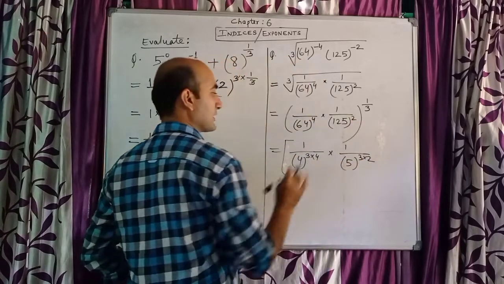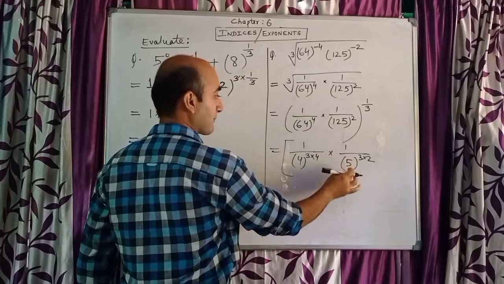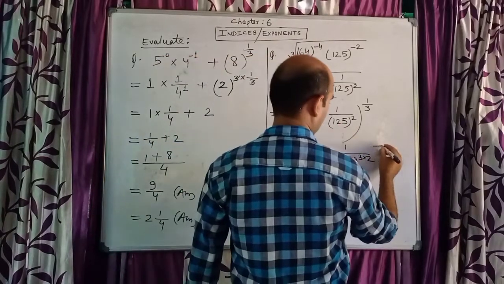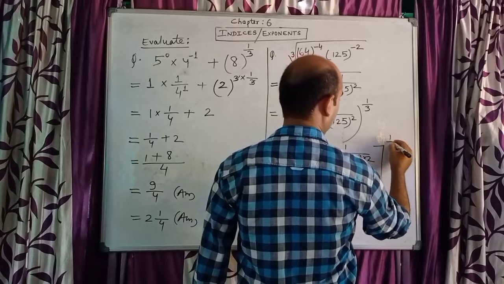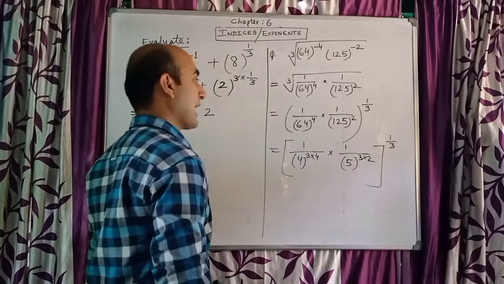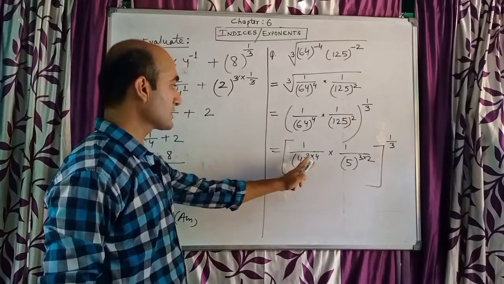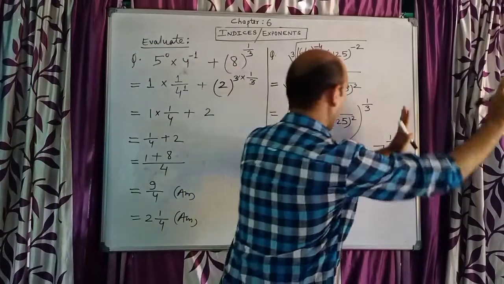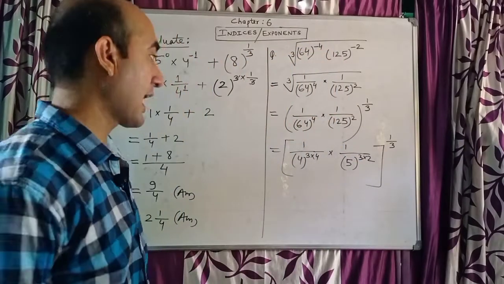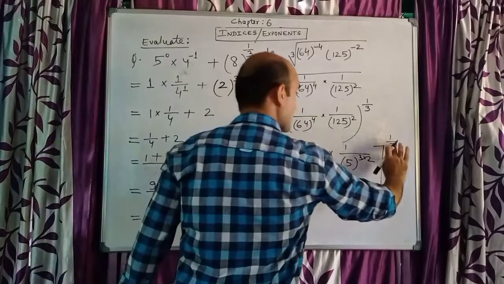The exterior power is already 2 and 125 became 5 cube, and here I have 1 by 3. Now this both the 3 power I will take outside and I will finish this 3.